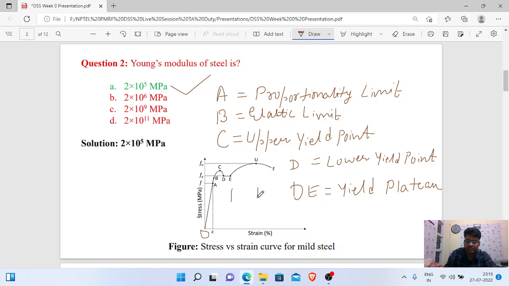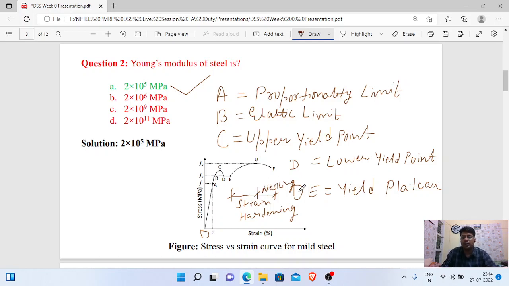From this point to this point, this region is strain hardening, and from U to F, this is necking.